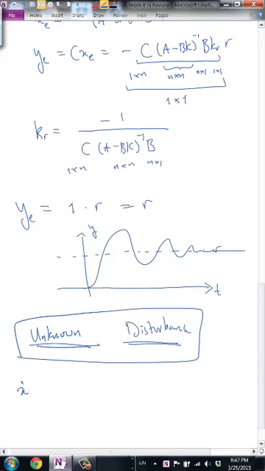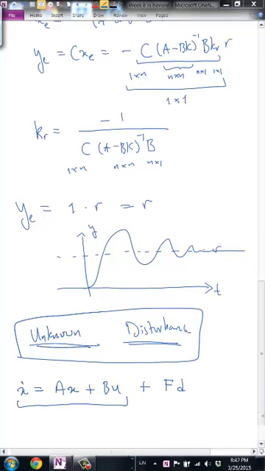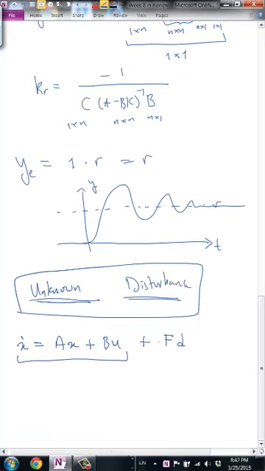So how are we going to write this? Suppose that the true dynamics, x dot, is equal to Ax plus Bu, as we had before. This is all we know about. But then we have F times d. We write it like this just so that the dimensions add up. I only want to think about a scalar disturbance, so F is n by 1, and d is just 1 by 1.